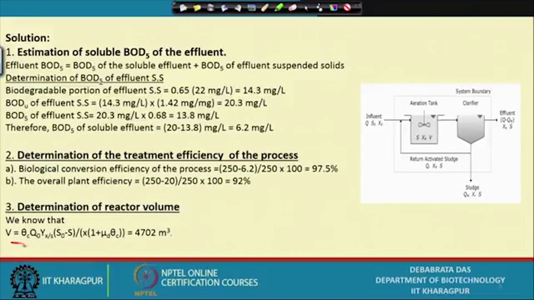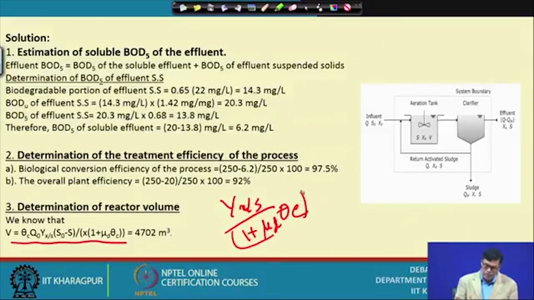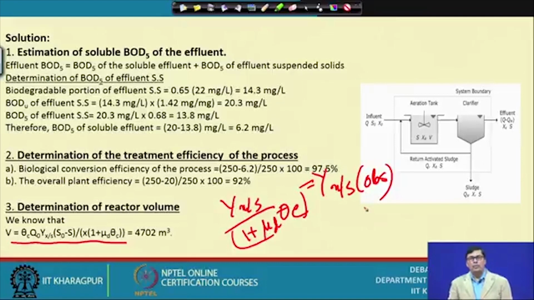The volume of the reactor is like this, and in this I want to point out that these parameters, particularly Y by (1 + k_d θc), this is considered as Y observed. Observed means we know the suspended material. When we talk about the yield coefficient, what is the overall yield coefficient? Gram of cell mass produced per gram of substrate consumed.